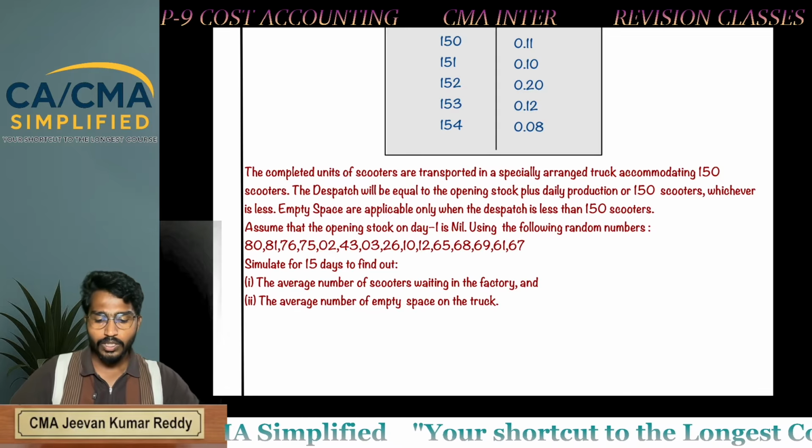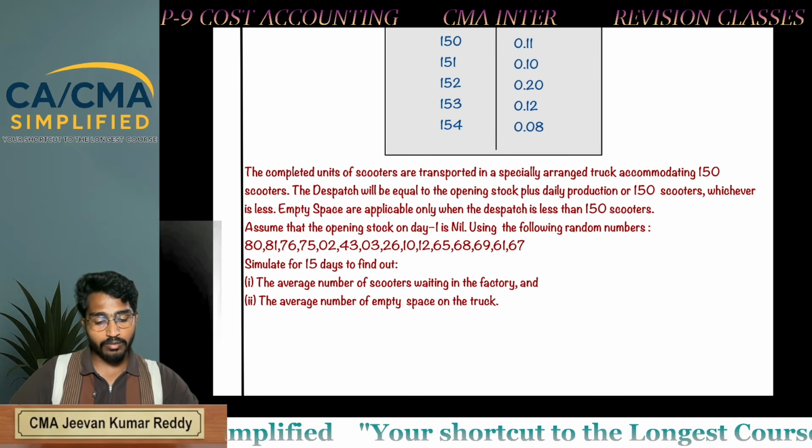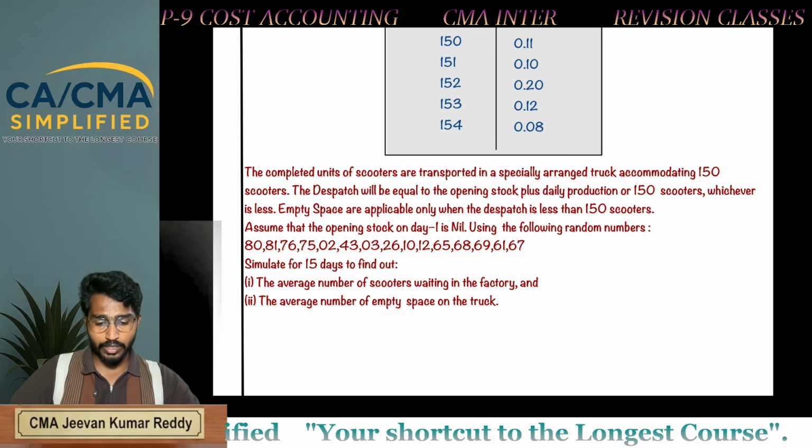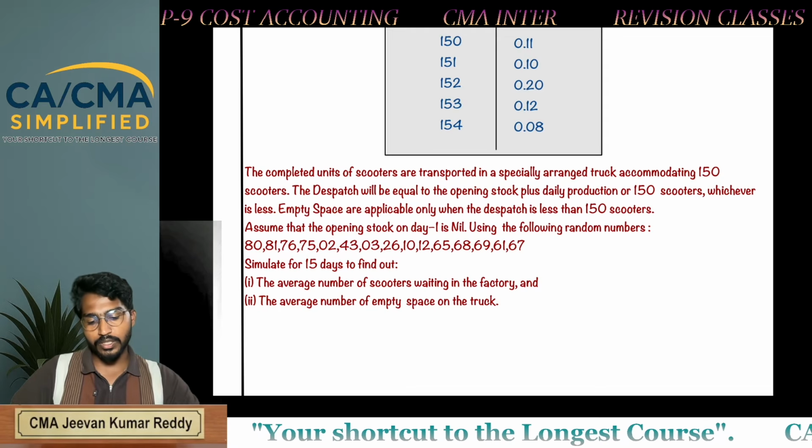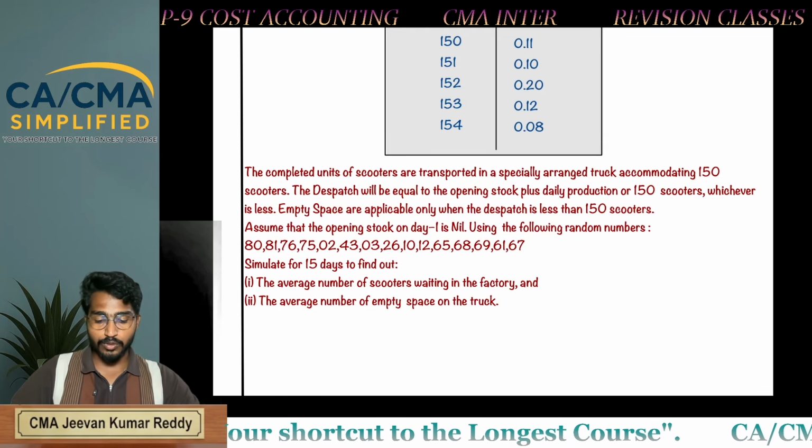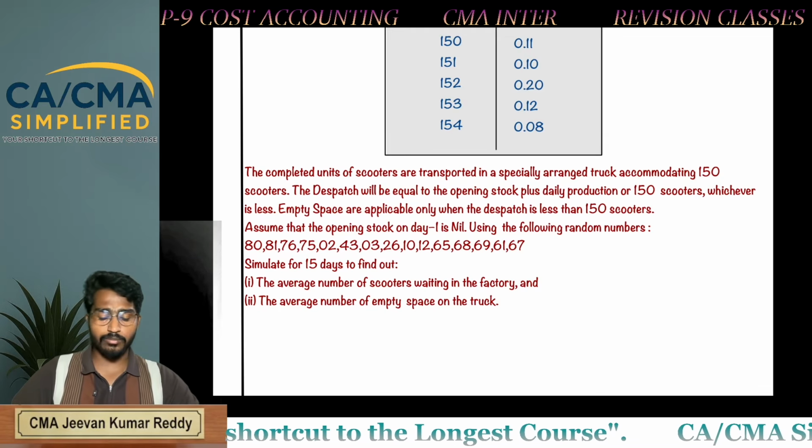Next, assume that opening stock on day 1 is nil. Using the following random numbers, simulate for 15 days to find out the average number of scooters waiting in the factory and the average number of empty spaces in the truck.